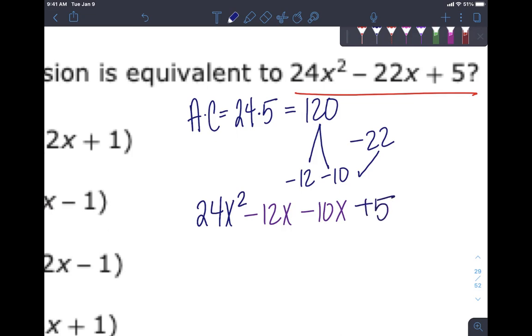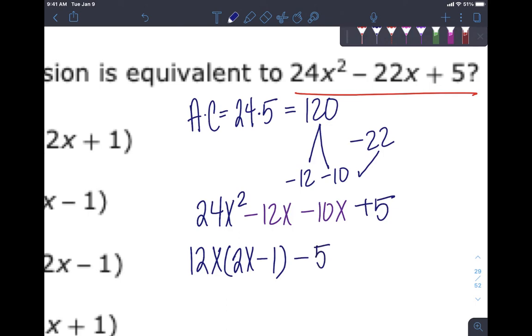I'm going to take the first two terms and factor out anything I can. I'm going to take the second two terms and factor out anything I can. However, with the second two terms, I want to make sure if the first one has a negative, I pull out the negative, okay?